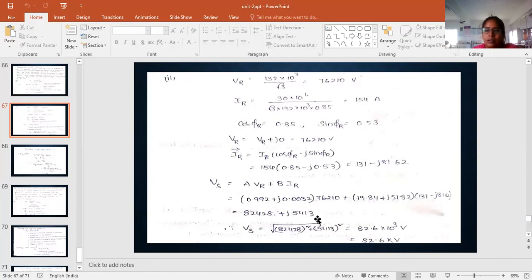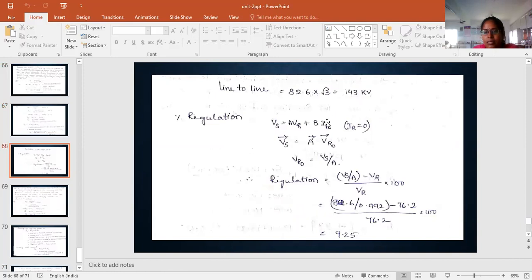Any problem we can do in this manner. So Vs value is 82.6, and regulation also we can find out here by using the regulation formula Vs minus Vr by Vr into 100 at no load.